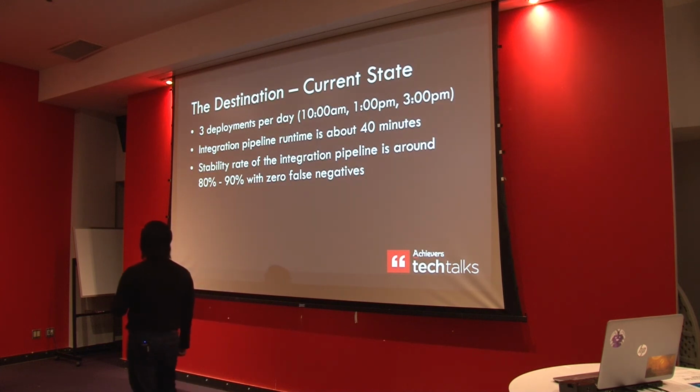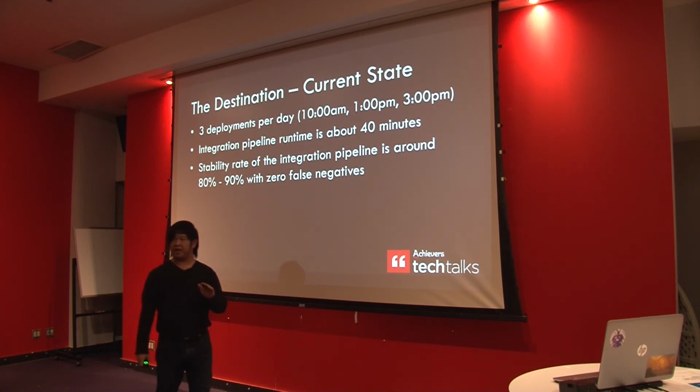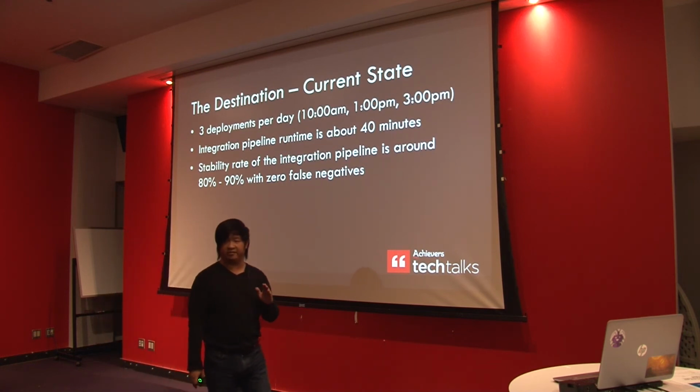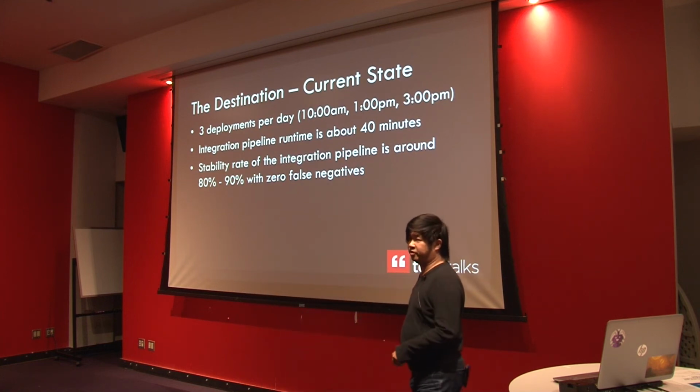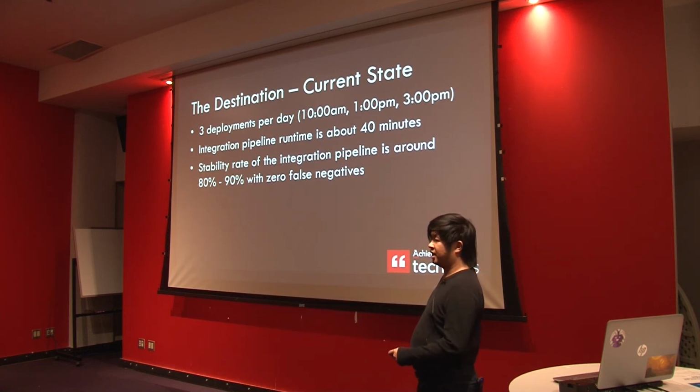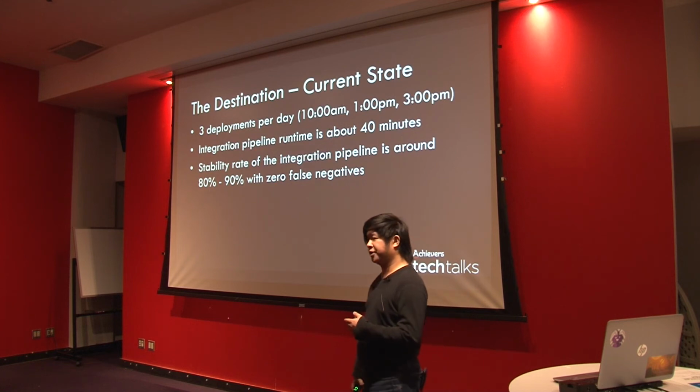Our stability rate is about 80 to 90%. We have pretty much eliminated false negatives, as in the pipeline breaking when it shouldn't have. And this was definitely a major accomplishment for us getting to these success numbers. In the beginning of this year when we had unified everything, our success rate was about 50%. It was definitely not good.